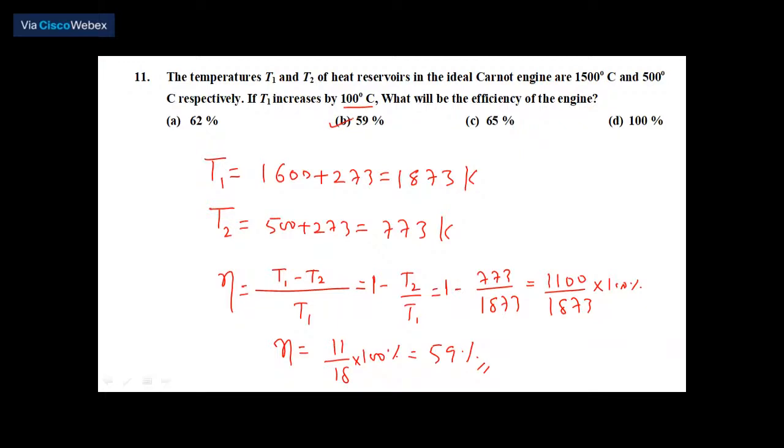Some of them may not appear in CET, but you should get some ideas. The approach must be understood properly, that's why some higher level questions are also included, only to help you get a better idea. But this is of course a very simple problem. The 11th one, option B is correct.